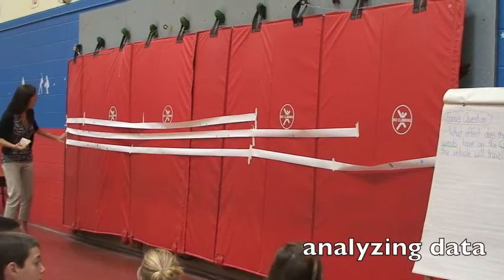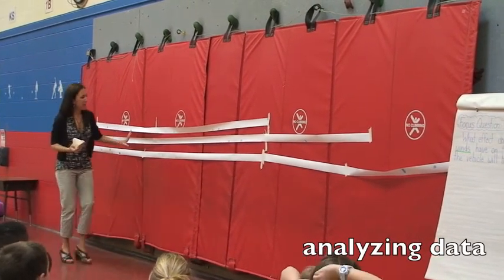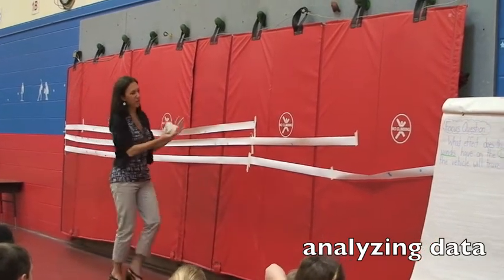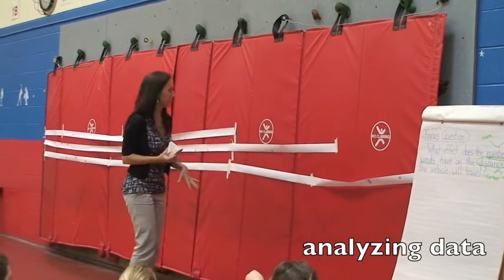Right here, boys and girls, these are the red dots. This is kind of a clump of green dots. And then I've got this kind of long, stretched out part that has the blue dots.